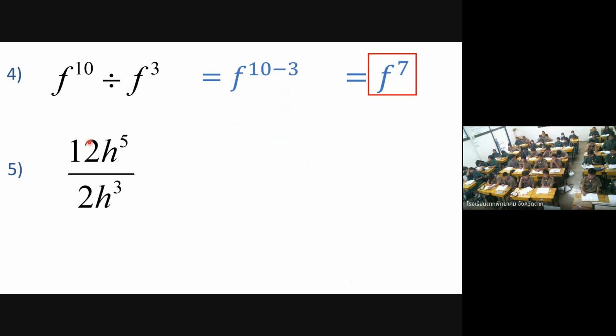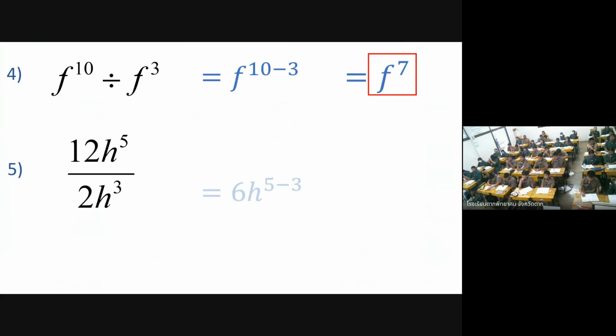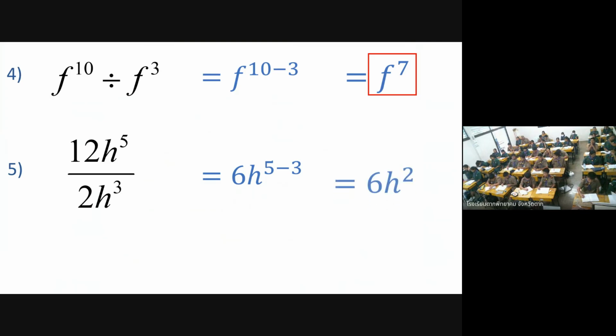That is 6. H to the power of 5 divided by h to the power of 3. That would be 6h to the power of 5 minus 3, which is equal to 6h to the power of 2.